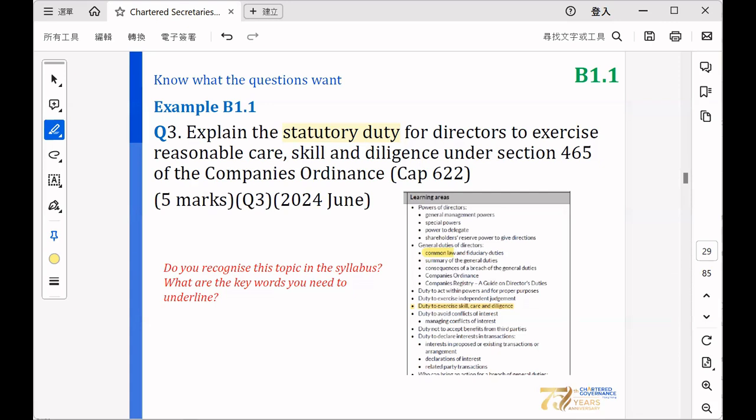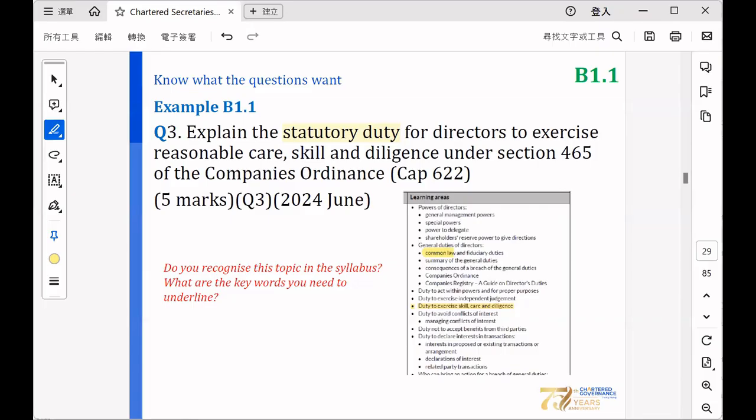So you are compared with someone with a similar background. For example, if you're a finance director, you will be compared with the standard of another finance director.